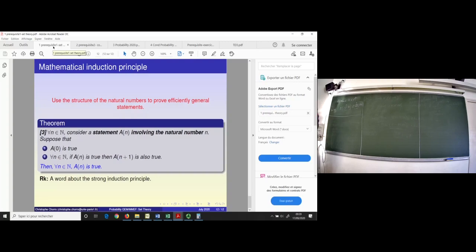The proof of the induction reasoning is not that complicated. It's just by construction of the natural numbers. What are the natural numbers? 0, 1, 2, 3, and so on. A priori, if I want to give a list of the natural numbers, I have to give a list of all the elements, 0, 1, 2, 3, and so on. But in fact, I have another way to describe this set.